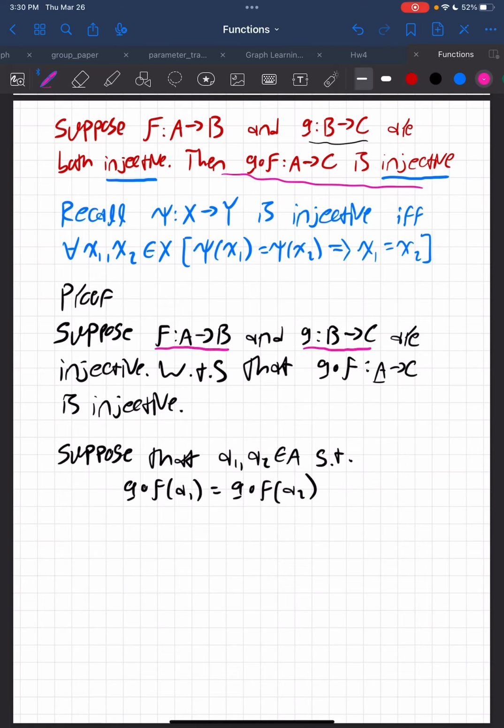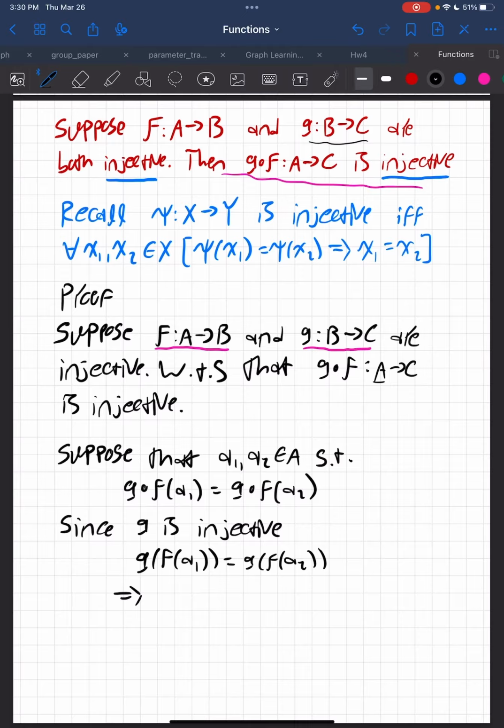Most importantly, we know that g, which goes from B to C, is an injective function. So we can say, since g is injective, we know that g of f of A1 equals g of f of A2 implies that f of A1 equals f of A2.